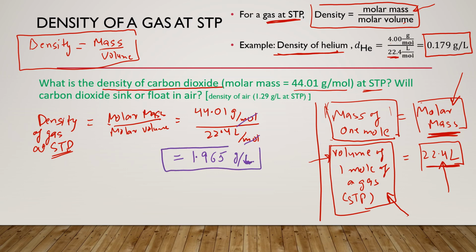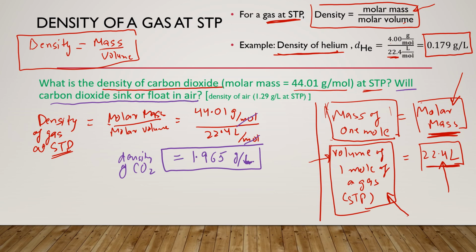So this is the density of carbon dioxide. So the density of CO2 is 1.965 grams per liter.